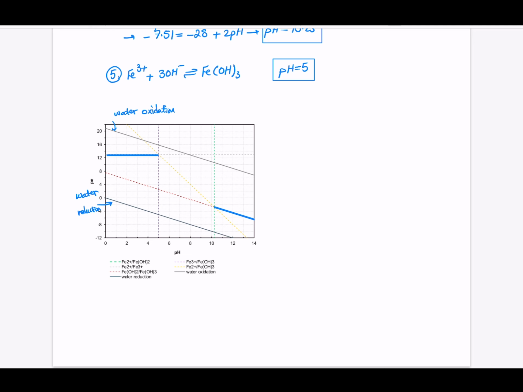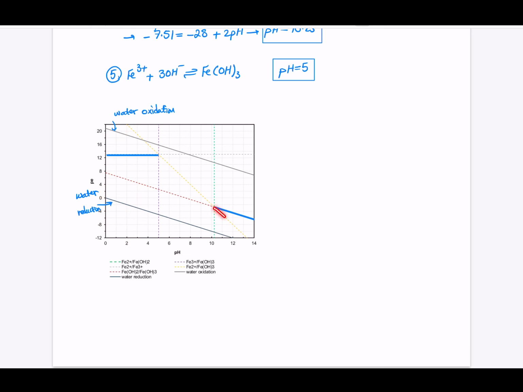Now let's focus on the yellow line. The yellow line is between Fe2 plus and FeOH3. First of all, based on this line, we know this side is FeOH3. So this cannot be a part of it because this is the Fe3 plus region based on this line. So that part of the line is gone.